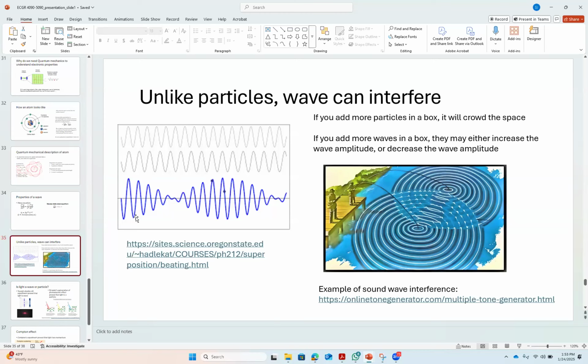Since a wave has ups and downs, if you superimpose two different waves, it doesn't necessarily increase the wave. It's possible that upon superposition, these waves can destroy each other. Just think about this: if I have two lights in this room instead of one, the total brightness of the room is going to increase. It's not going to decrease for sure.